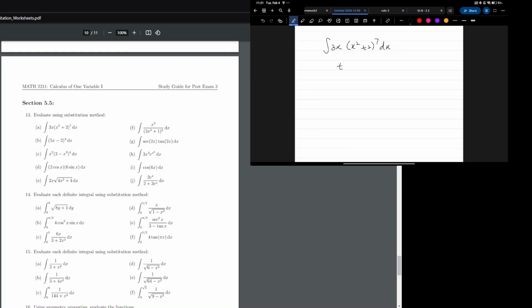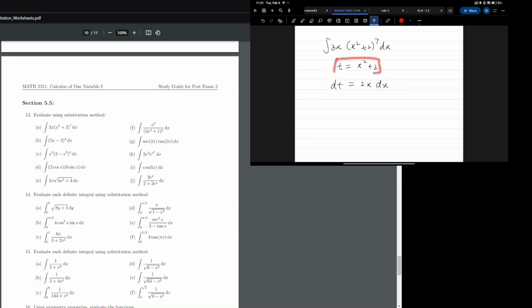So let's take t equals x squared plus 2, because this is the thing that we are dealing with. Now what we'll do is take a derivative of this. What does that achieve? This introduces dt and dx in my equation.